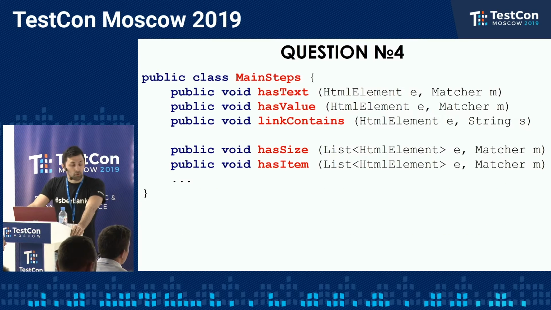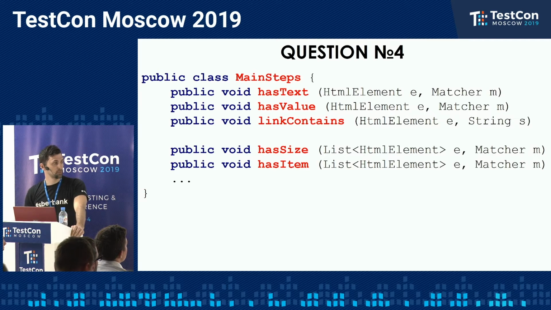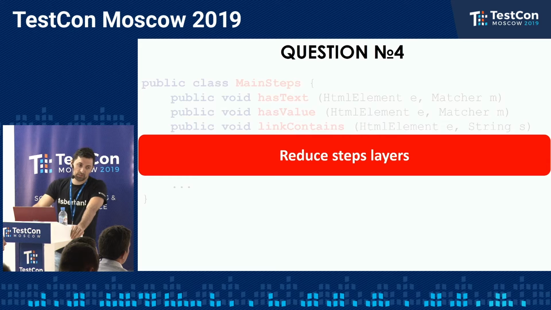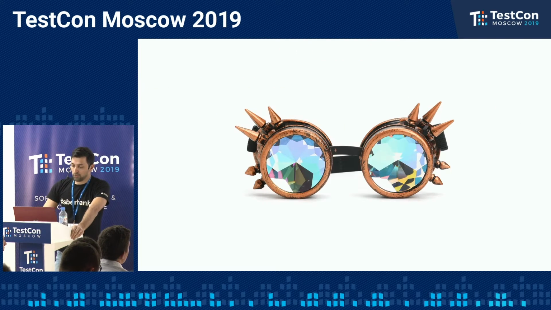If you follow object-oriented programming, then you need to make them private. And then you need to have a layer class of steps that help you work with specific elements. So you would like to reduce those step layers and add specific components that help do it.